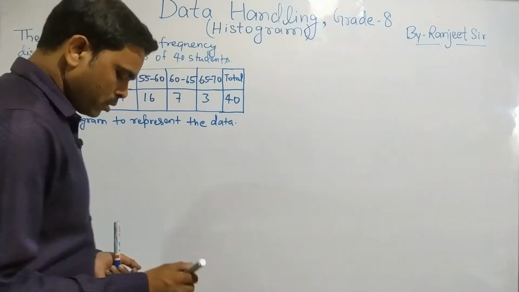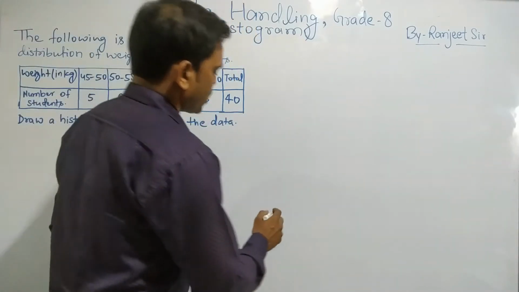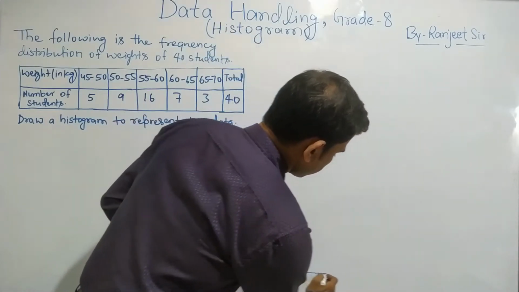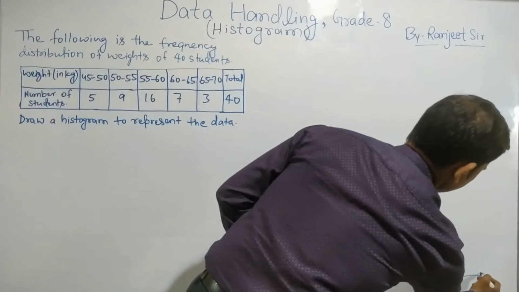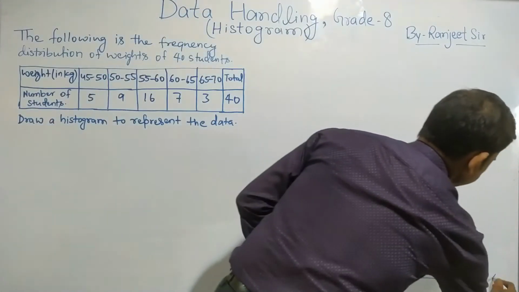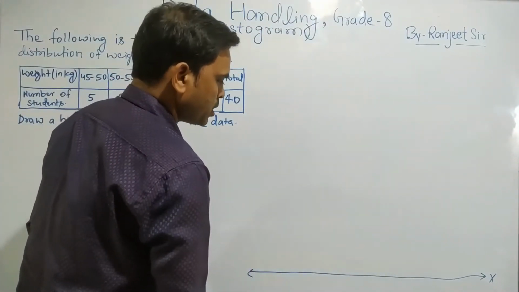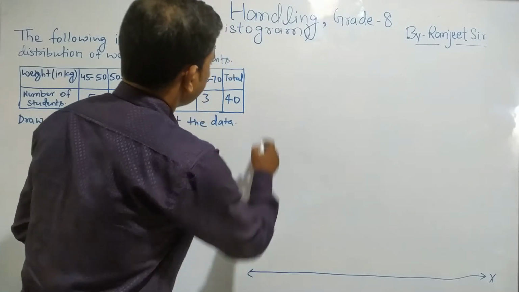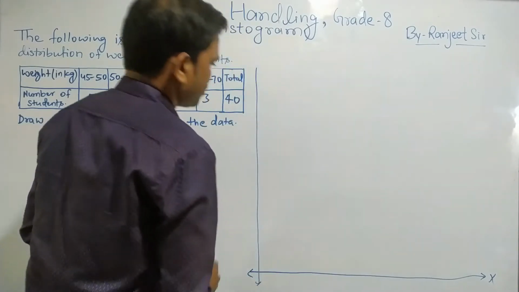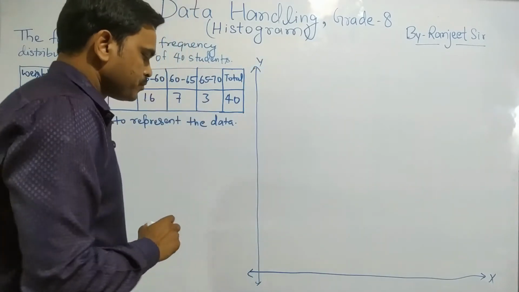So first of all, for making a histogram, we will draw a horizontal line. We'll call it the x-axis, and on this horizontal line, I'll draw another line which will be perpendicular to it, and this will be called the y-axis.